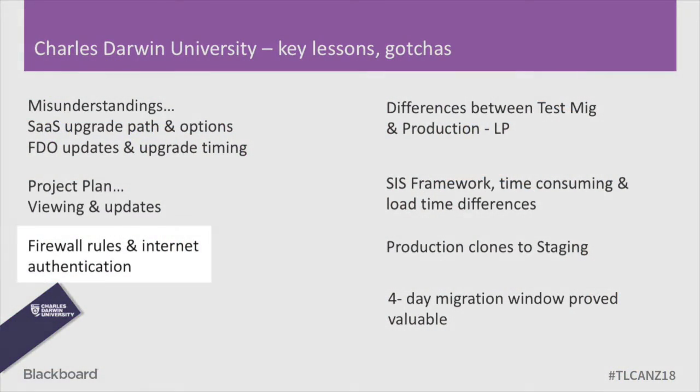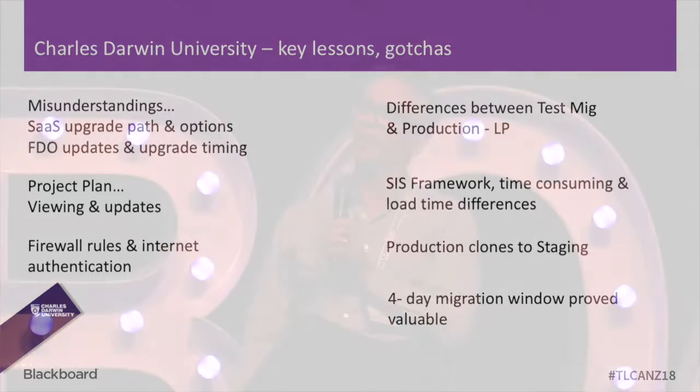We did have some issues concerning the move to AWS around firewall rules and internet authentication. At our institution, when you log onto the internet, you are forced to authenticate, and then you go through the firewall, and then you've got access to the World Wide Web. With managed hosting, we were able to do that because there was a determined IP address range.